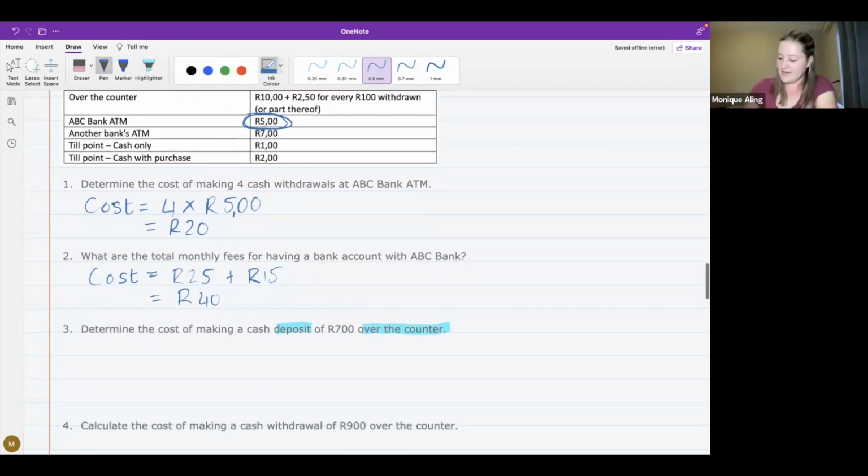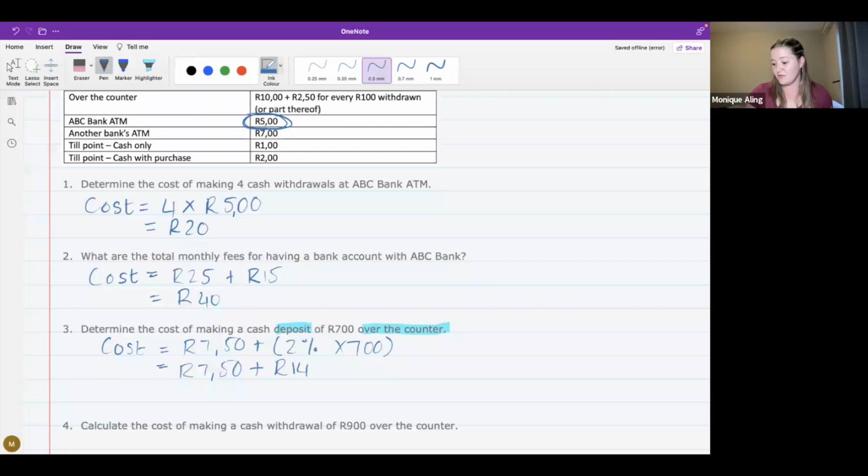Okay, so that ends up being 7 Rand 50 plus 2%. Okay, again, depending on the mark allocation, if this is for 3 marks, you'll show 2 steps for 2 method marks and then answer mark.